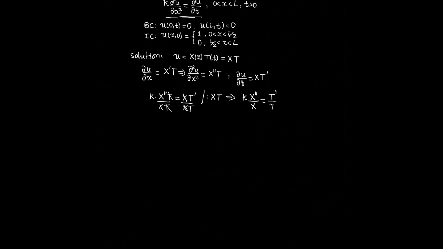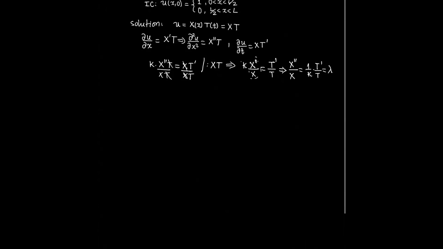Now I have to separate. As previously, I'm going to say all of these are equal to lambda. It doesn't matter, but I want to deal with this part without a constant. So before separating, I write 1 over k times T prime over T, and now I say it equals lambda.